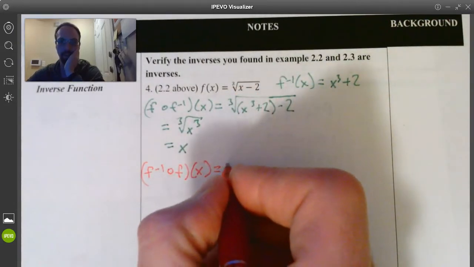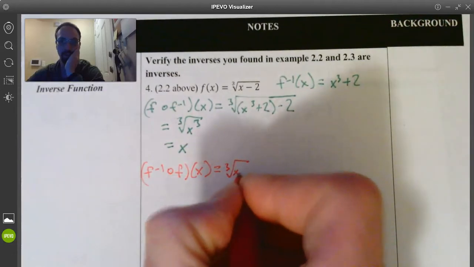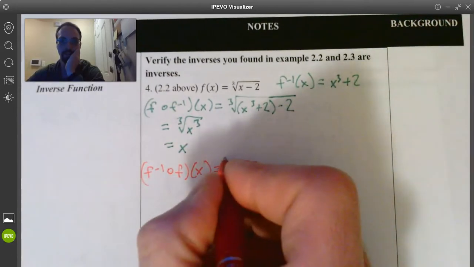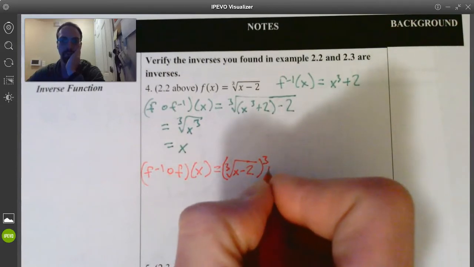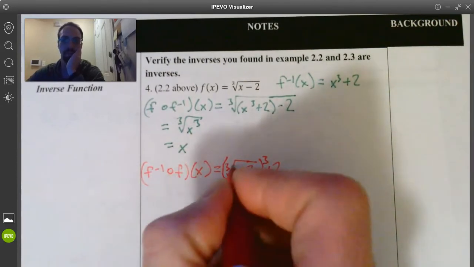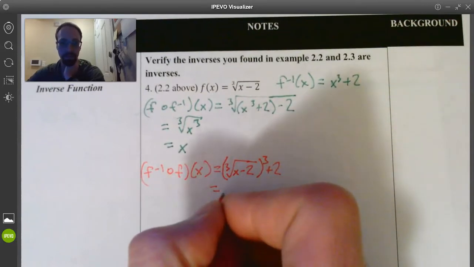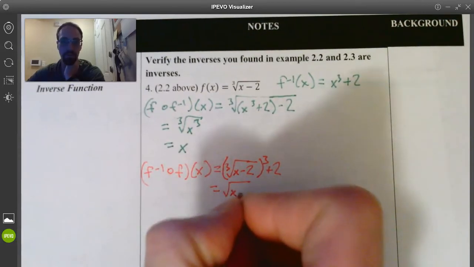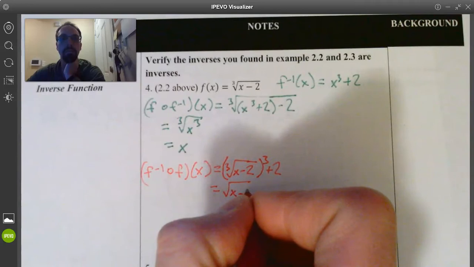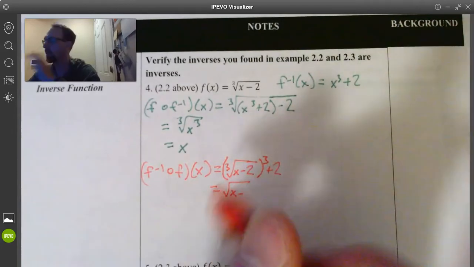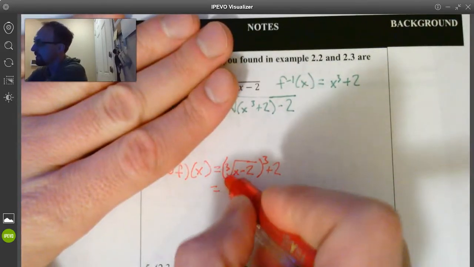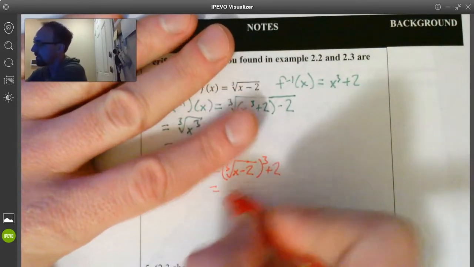So here I have the cubed root of x minus 2, and then that's cubed, and then plus 2. So the cubed root and the cubed cancel in this case. Sorry, oh my goodness, had a moment there.